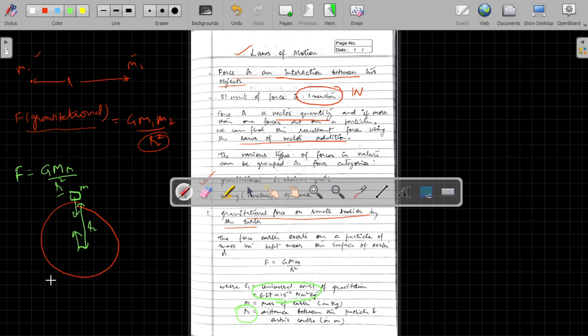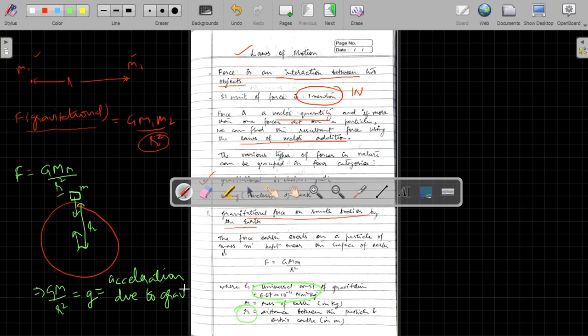So r is the radius of Earth, and the interesting part comes now: what is GM by r square? This value GM by r square has the dimension of acceleration, so we write it as small g. This is called acceleration due to gravity, a term which we are familiar with.